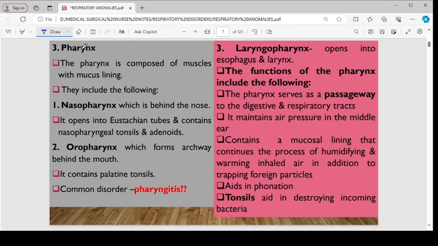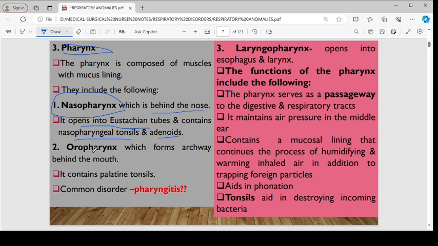The third anatomical region is the pharynx, which consists of muscles with a mucus lining. It has three regions. The first is the nasopharynx, followed by the oropharynx, and lastly the laryngopharynx. The nasopharynx is found behind the nose, opens into the eustachian tube, and contains the nasopharyngeal tonsils and adenoids.